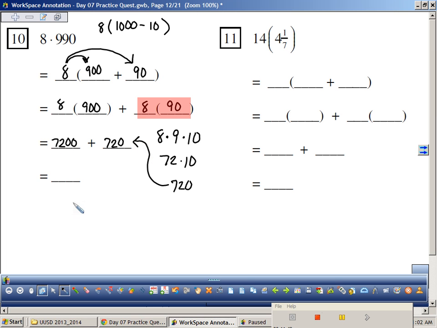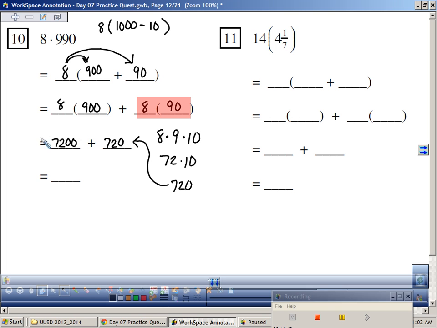So what's 7,200 plus 720? 7,920. Easier? Can you guys do that? Let's do the harder one.